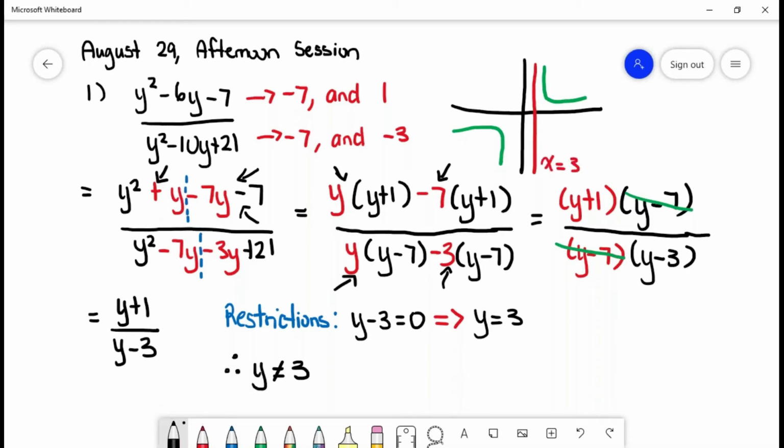So as you can see, at this x equals 3 line, these two L-shaped lines over here, which represent the graph of the rational expression, would never ever touch this x is equal to 3 vertical line. So no matter what, it will never ever touch this vertical line. And this is what you would call a vertical asymptote.